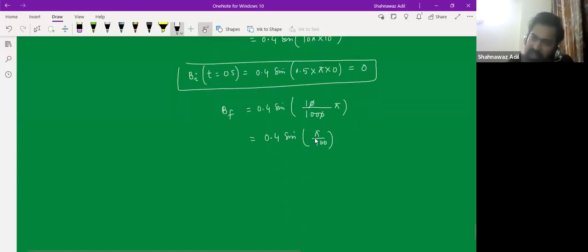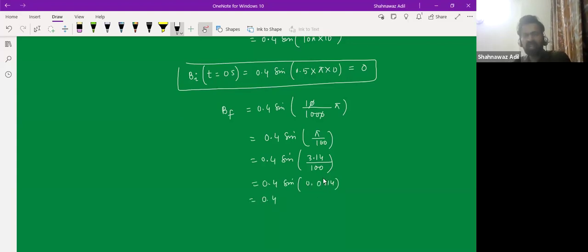So how much is this pi by 100? 0.4 sine, and this is 3.14 divided by 100. So this is 0.4 sine of 0.0314. And this is in radians, right?